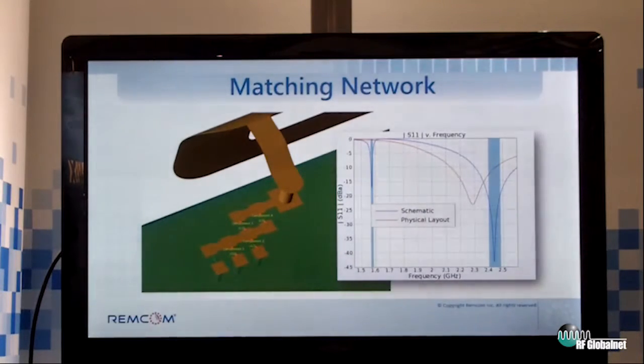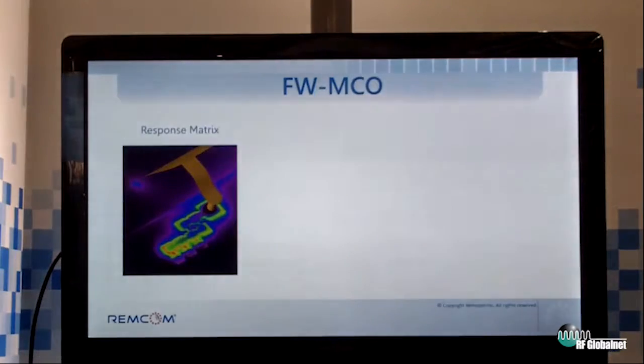So what Remcom is offering is a new capability through simulation that we're referring to as full wave matching circuit optimization. And how it works is that we start out by computing a response matrix. So what we're going to do is we're going to take the full matching network layout and the 3D physical model, and we're going to run a series of full wave simulations that characterizes the waves and the fields.